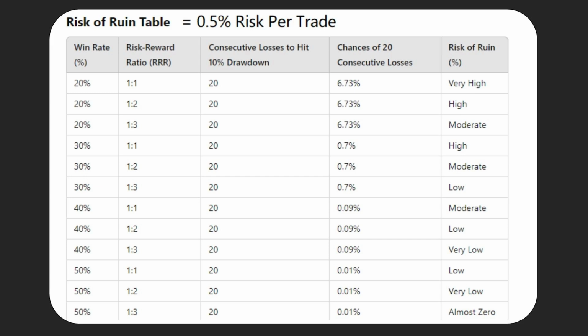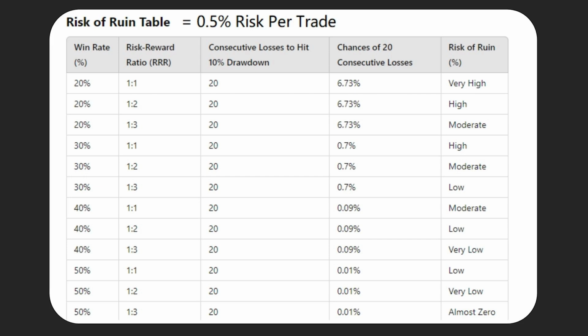It's showing moderate, but it's still high, and the term moderate suggests a percentage value of higher than 70%, meaning your risk of blowing everything up and losing everything while risking only 0.5% per trade is 70%, right? Remember, in all of these scenarios you're risking only 0.5%, and still your risk of blowing up your account is that high.